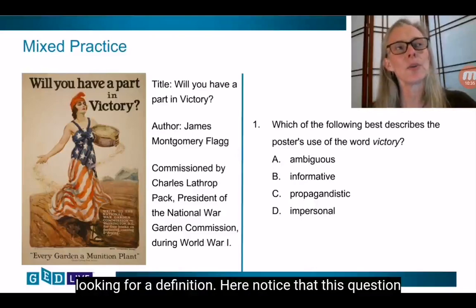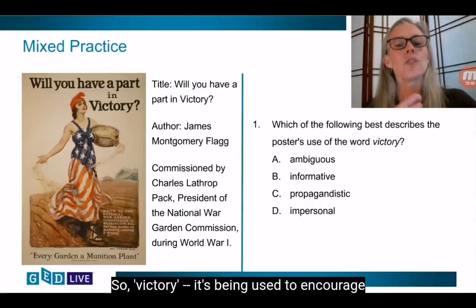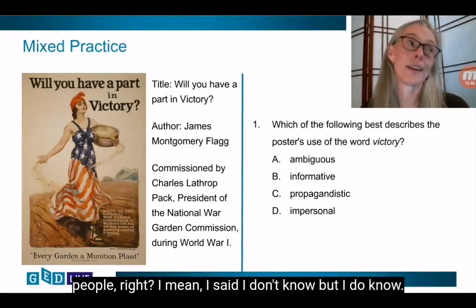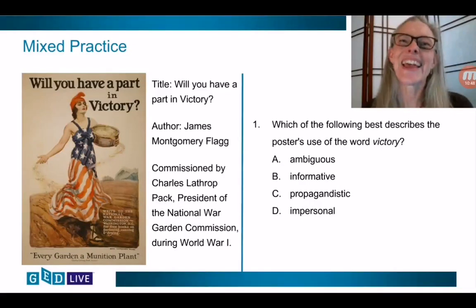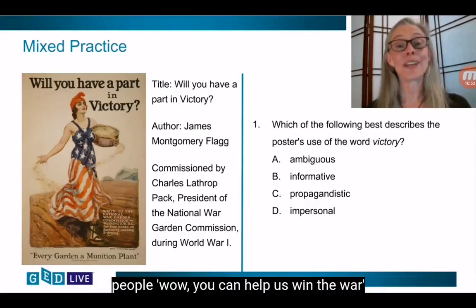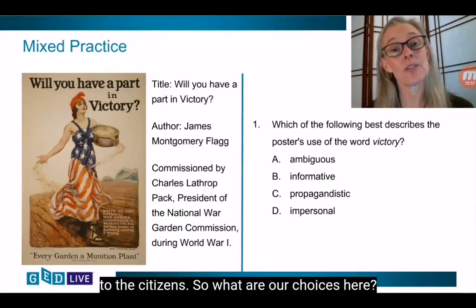Here, notice that this question is just asking us how the word is used. Right? So, victory. I don't know, it's being used to encourage people, right? I mean, I said I don't know, but I do know, right? Using the word victory on this poster is telling people, wow, you can help us win the war. And that is supposed to be pretty exciting to the citizens.